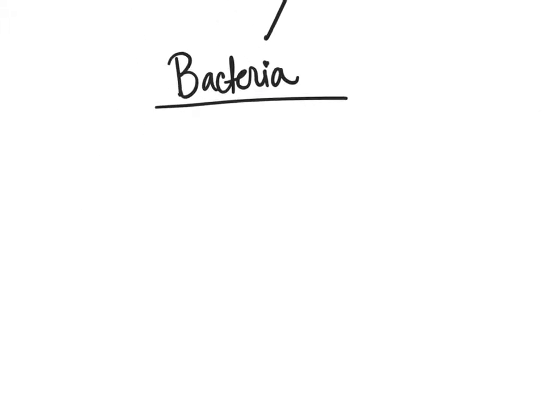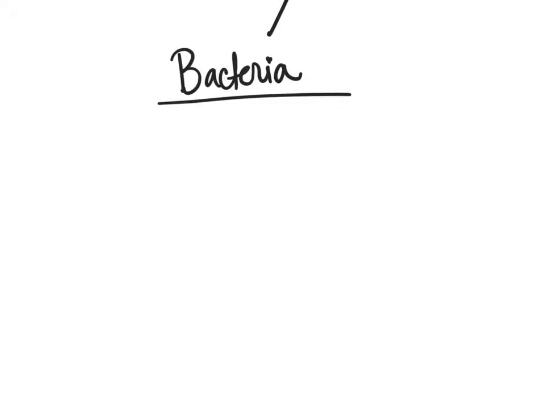So let's start talking about bacteria first. If we zoom into bacteria here, remember bacteria, of course, because it is prokaryotic, has no membrane-bound nucleus, and it is unicellular, as we already know, because we're talking about prokaryotic organisms to begin with, so that's already given.